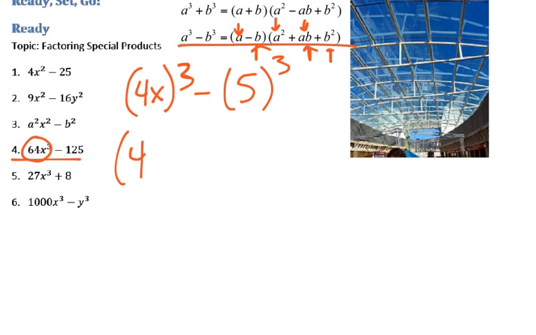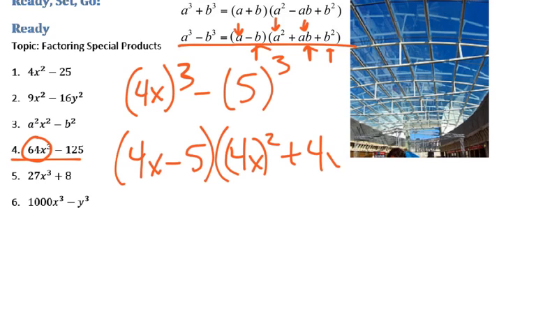So we'd have 4x minus 5 times 4x squared. The whole thing is squared, don't just square the x. Plus 4x times 5 plus 5 squared. So 4 squared is 16x squared plus 20x plus 25.